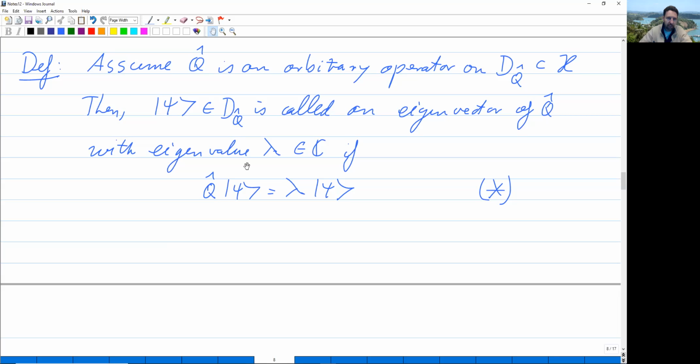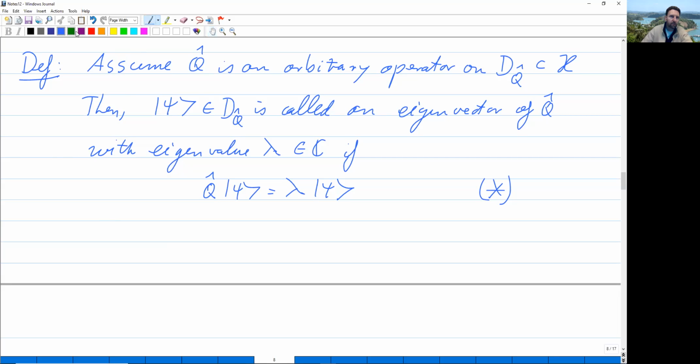Now, here's the trick. First of all, we start with the eigenvalues. It is in fact possible to rewrite such an eigenvector-eigenvalue condition without referring to the existence of an eigenvector. It's a very clever trick that mathematicians came up with here.